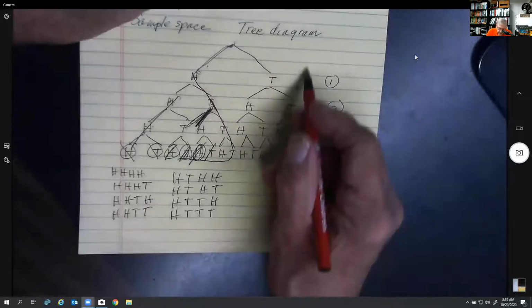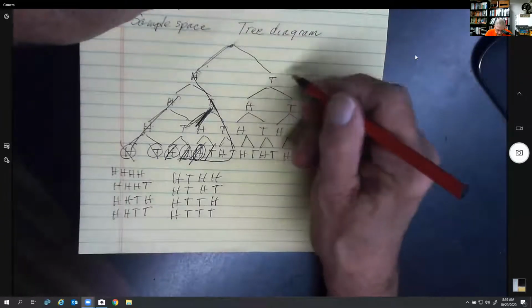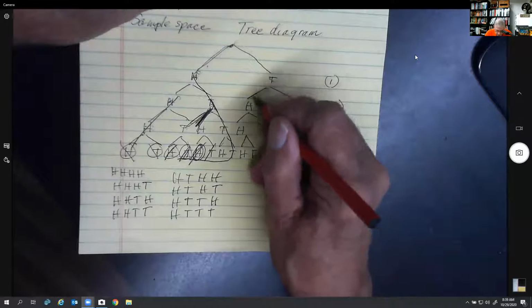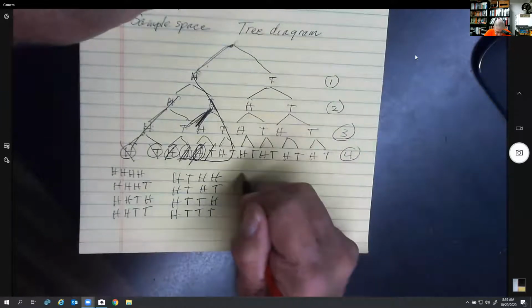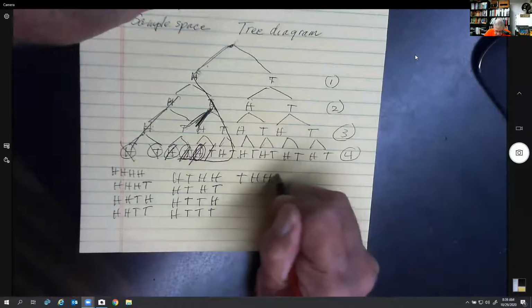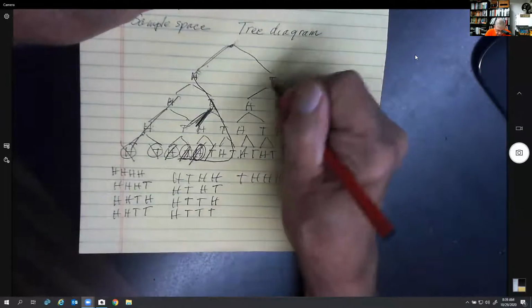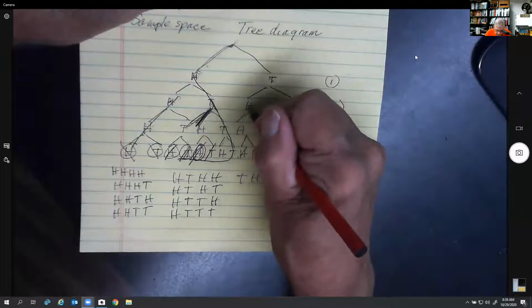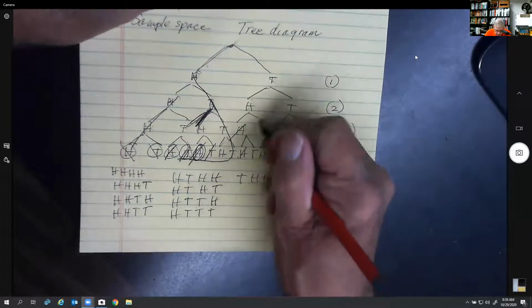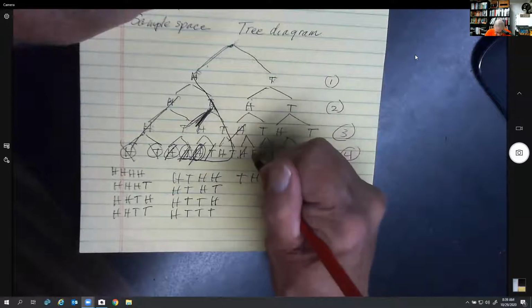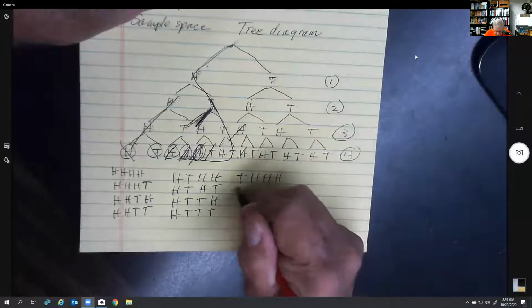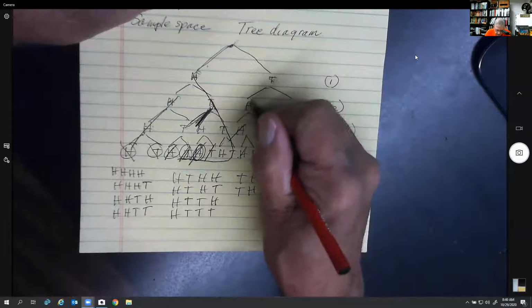Okay, now I'm going to start with the tails. Let's start them over here. I got a tail, head, head, head. I got a tail, head, head, tail. Wait a minute, I already did that one.